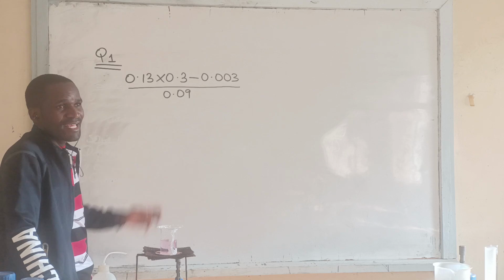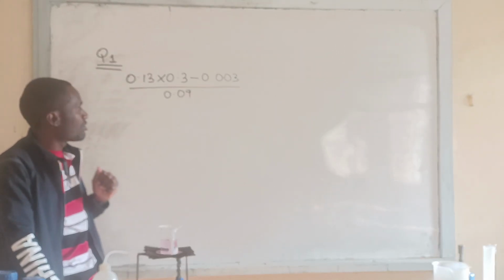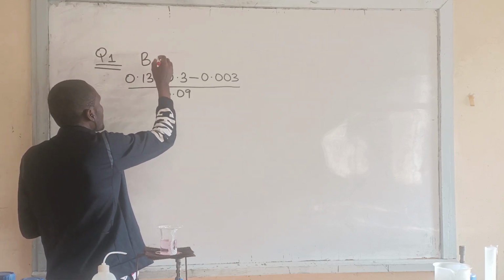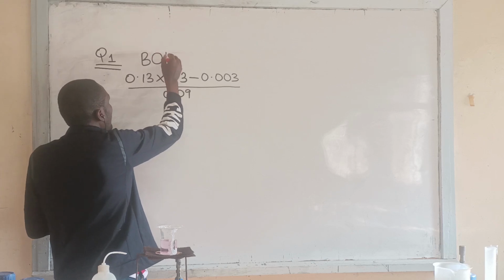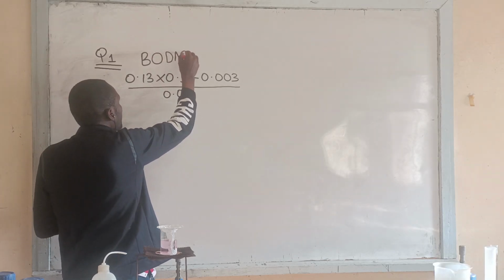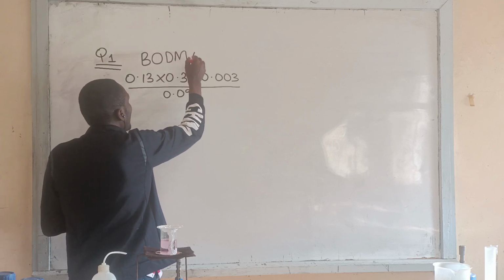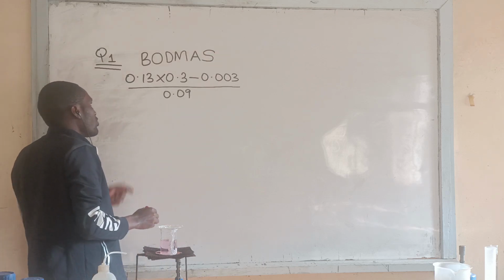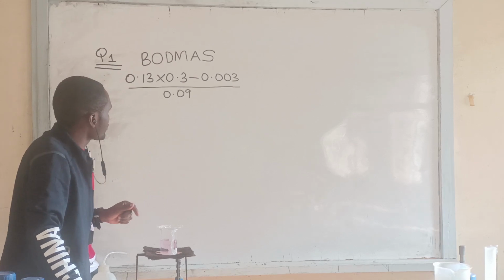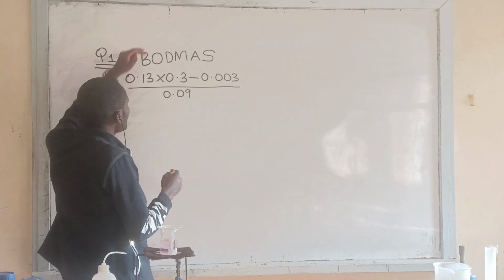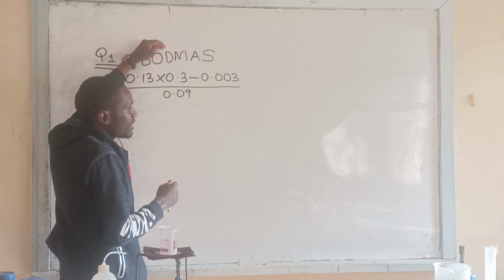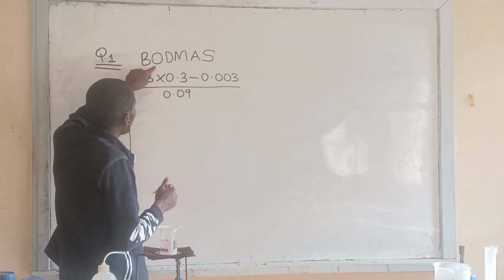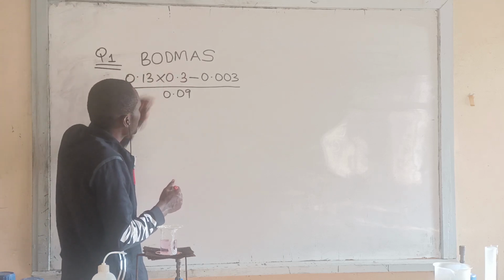What I'm supposed to do is employ the concept of BODMAS, which states that I begin with brackets, then of, then division, then multiplication where possible, and addition and subtraction as needed. So I begin with brackets, of, division, multiplication, addition, and lastly subtraction.